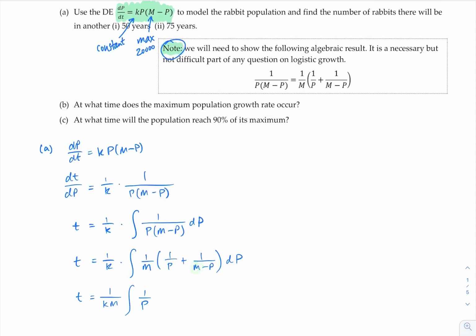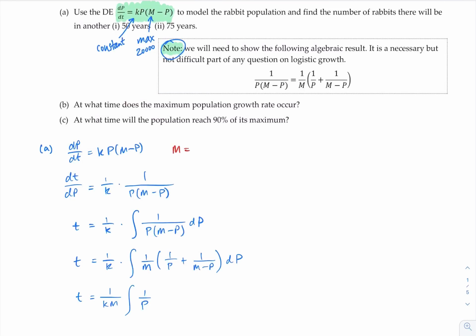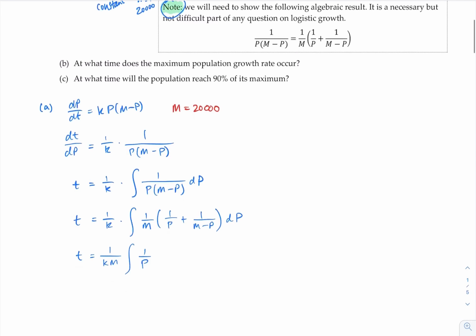Remember, M is a constant. M, I should note here actually, M equals 20,000, but there's no way I'm going to go through all this working writing 20,000 on every line. K is not known at this point. So 1 on p, so the M's been taken out the front, the 1 on M, 1 on p minus -1 on M minus p.